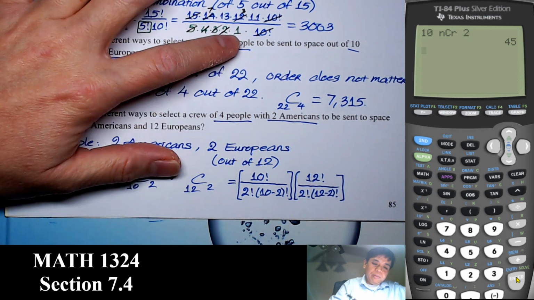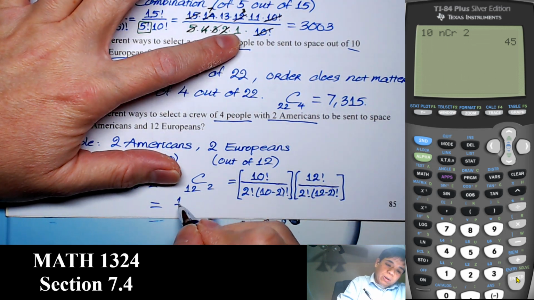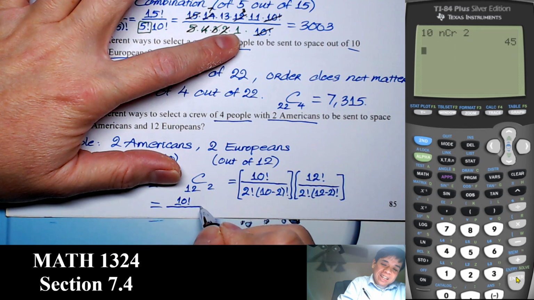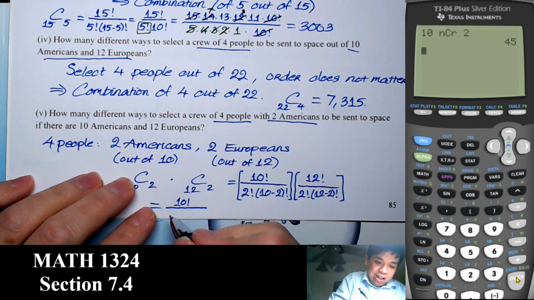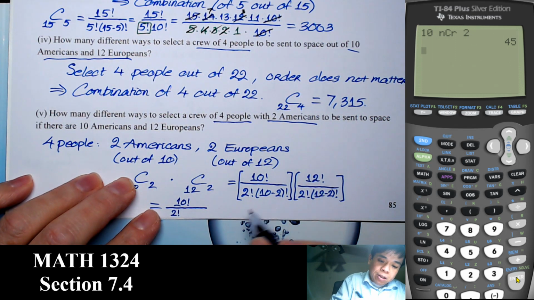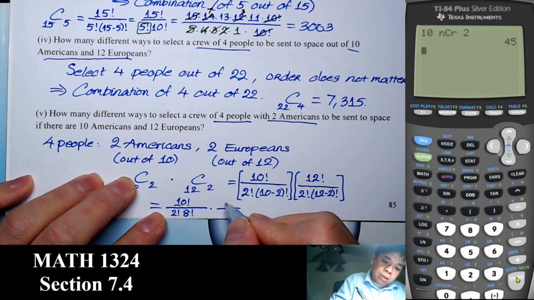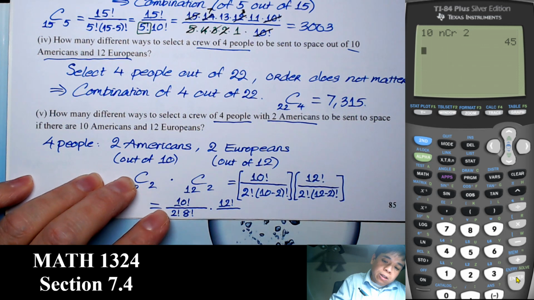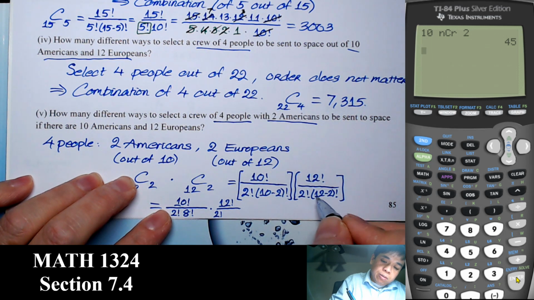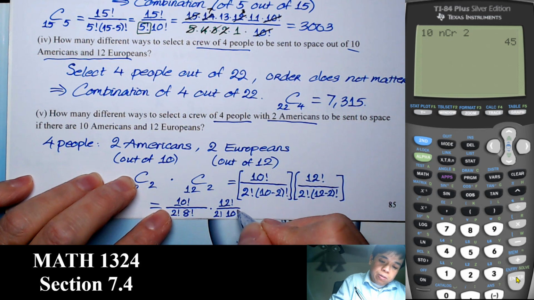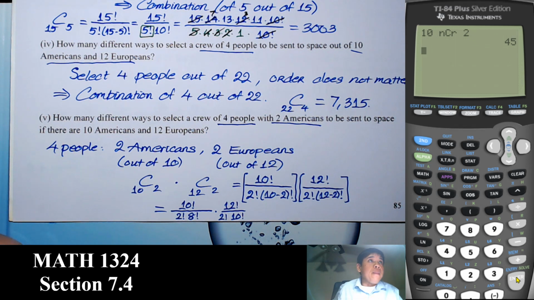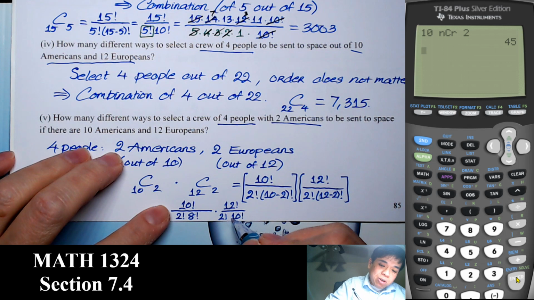Just the formula. 10 minus 2 is 8. You can calculate each one, but since we multiply, we go ahead and cross out.